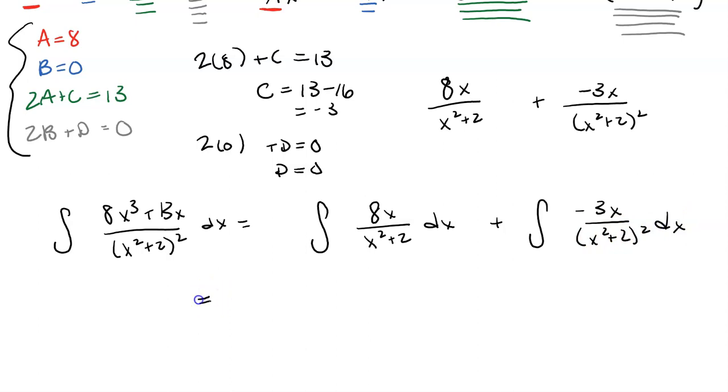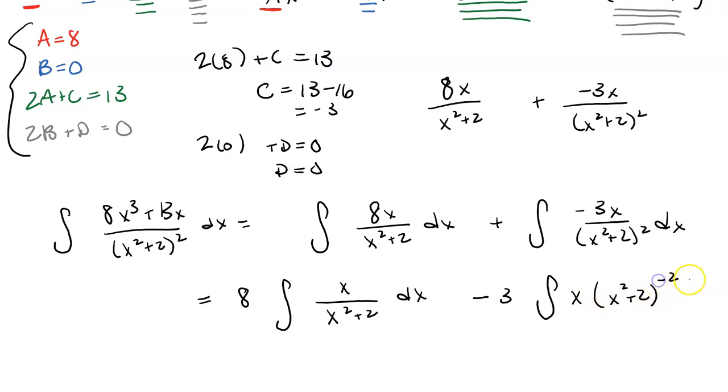So now I'm going to bring out constants and get this into a better form. So I have 8 times the integral of x over x squared plus 2 dx. Here we'll have minus 3 times the integral of x. Let's make this (x squared plus 2) to the negative 2 dx.